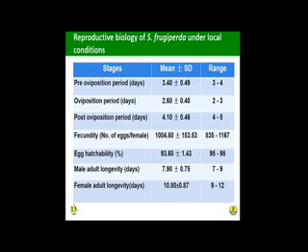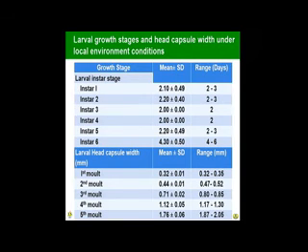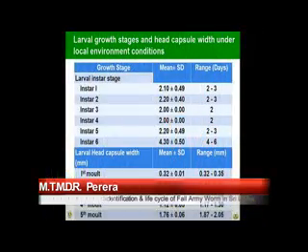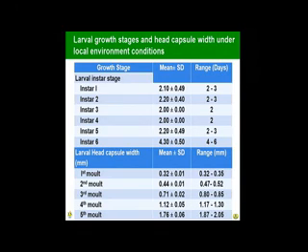And also, these are the larval characters, the larval growth stages and head capsule width under local environmental conditions. Normally, fall armyworm has 6 instar stages. This is the range, 2 to 3 days. First instar, second 2 days, fourth instar 2 days, and fifth 2 to 3 days, 4 to 6 days.